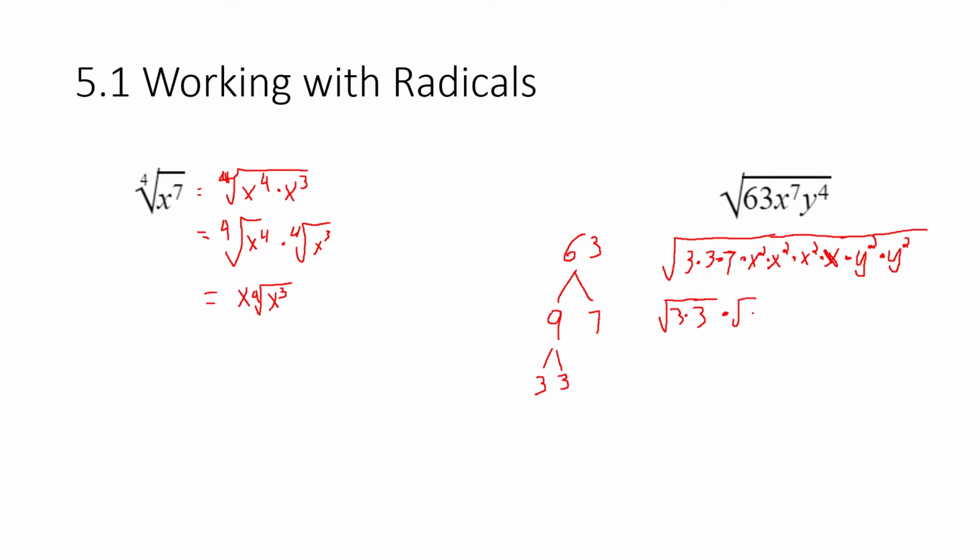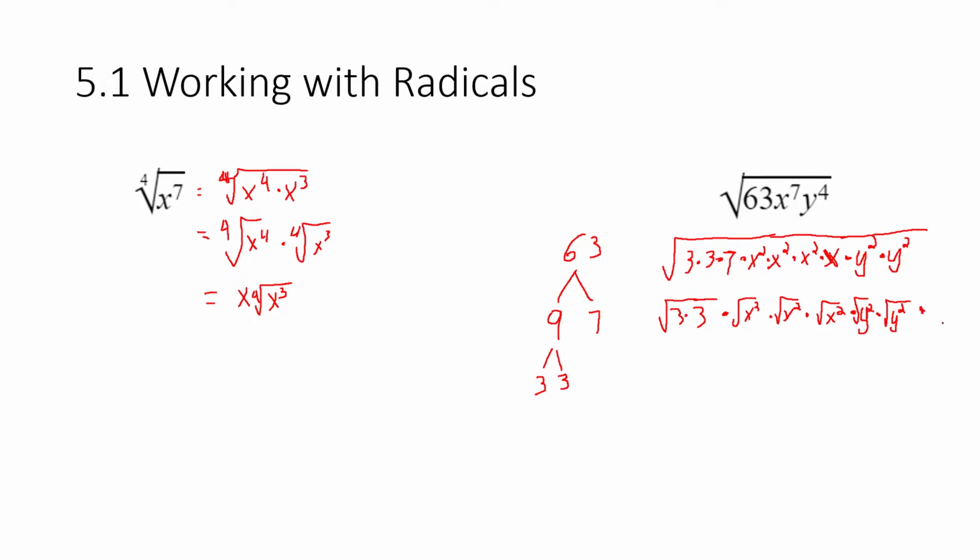We can pull out 3 units of x squared. And we can pull out the 2 y squareds. Sorry, root y squared. And then what we're left with in here, we couldn't pull out the 7 and we couldn't pull out this x.